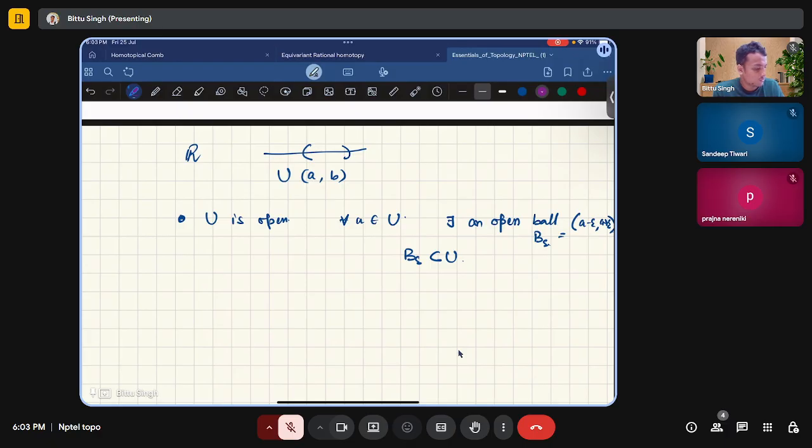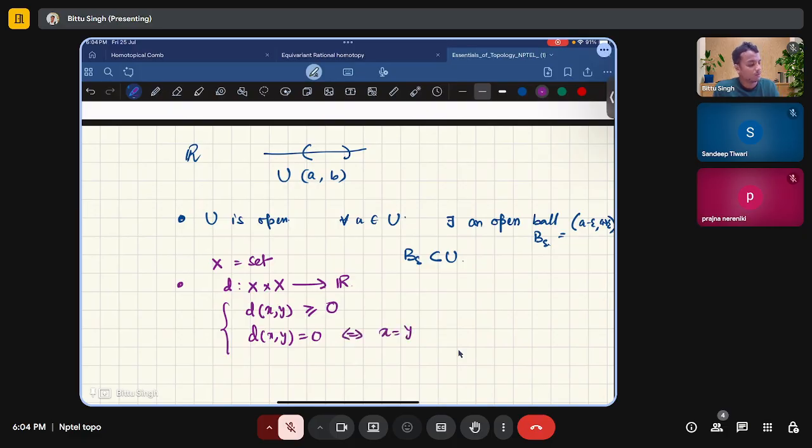A metric space is a similar kind of thing. Let X be a set, and we define a metric d. It takes two values and sends them to R plus, the non-negative real numbers, and it satisfies certain properties. d of x comma y, the distance between two points, is non-negative, and moreover the distance is 0 if and only if x and y are the same point.